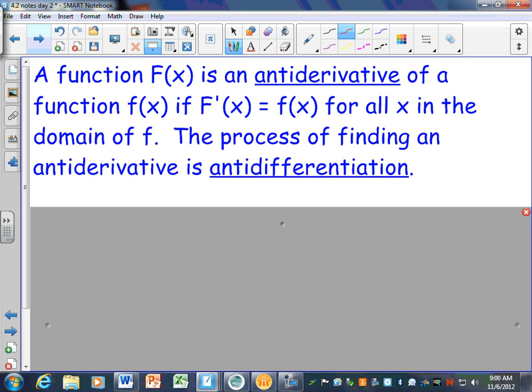Okay, here we go. Antiderivative. It's like how you were when you first learned derivatives. Capital F of x is the antiderivative of lowercase f of x.